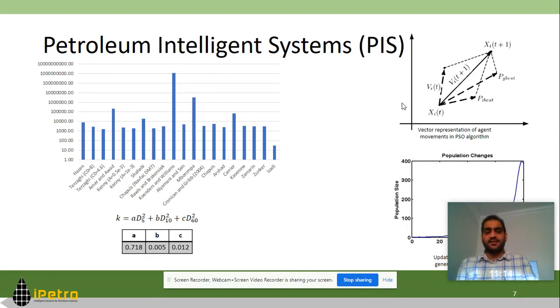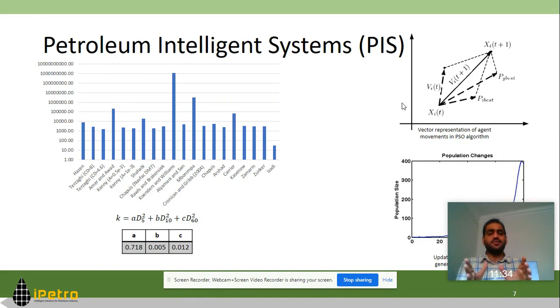And the last example for petroleum intelligence system is permeability estimation. I used a correlation based on the literature between permeability and the values that we gathered and measured based on particle size distribution.